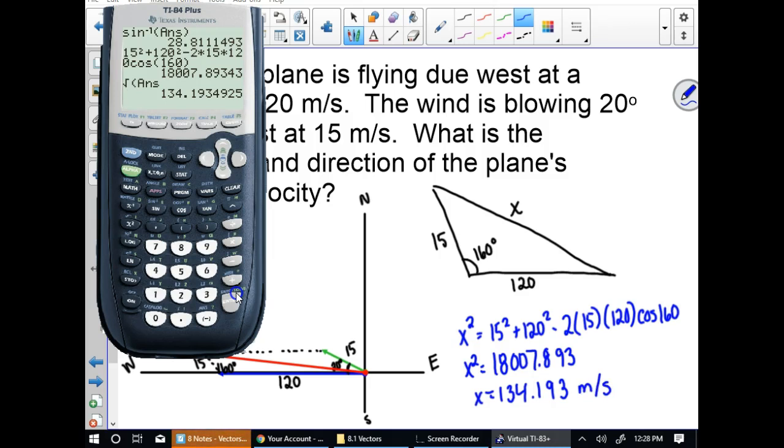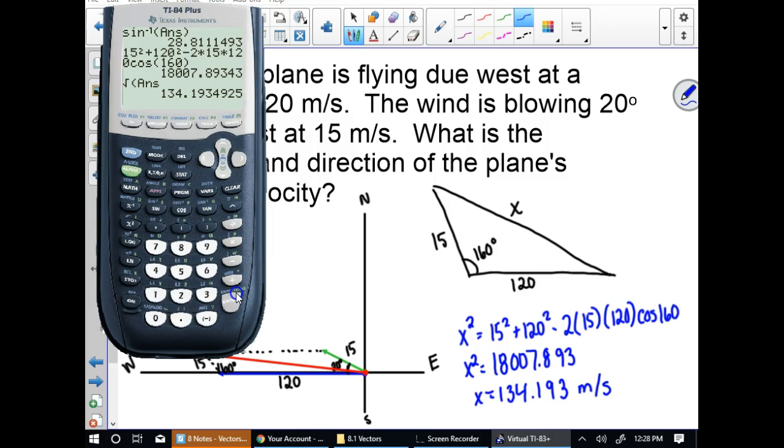And it should make sense. It should be a little bit faster than either the plane or the wind by itself, but it should be less than 135 because it's not just both of them in the same direction. Okay, question on that part?